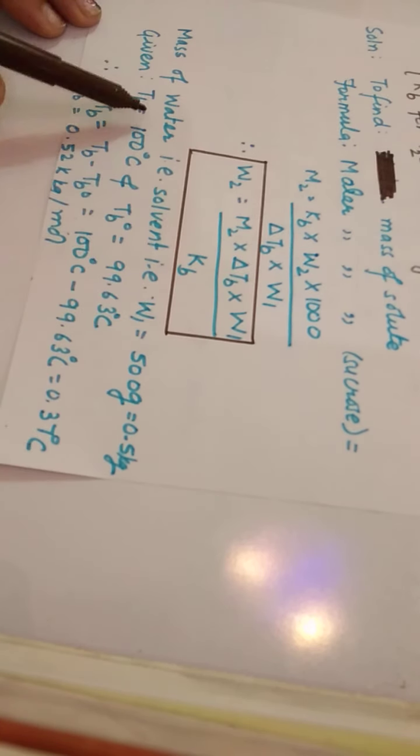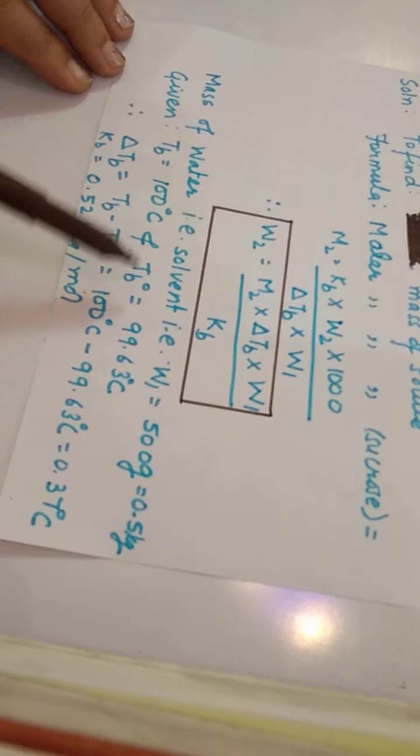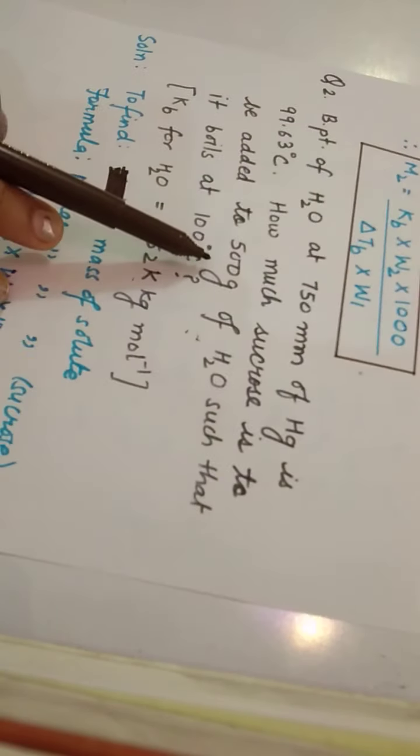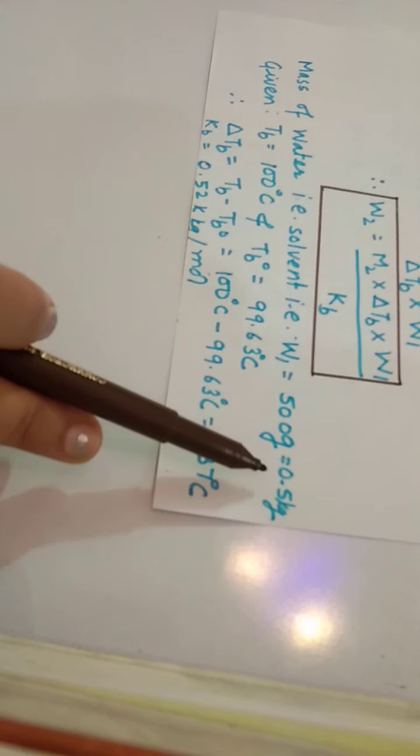Now children, the mass of water, that is the mass of solvent. I have told you water is the solvent. So the mass of water is already given in the question, 500 gram. So children, convert this gram into kg. 500 upon 1000 will give you kg, so the mass is 0.5 kg.